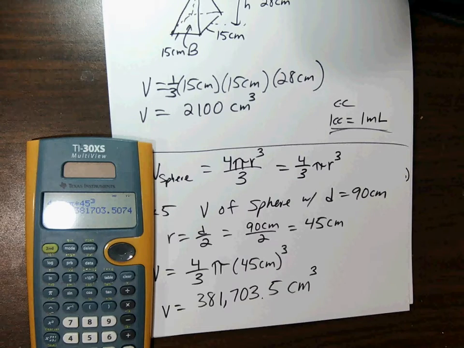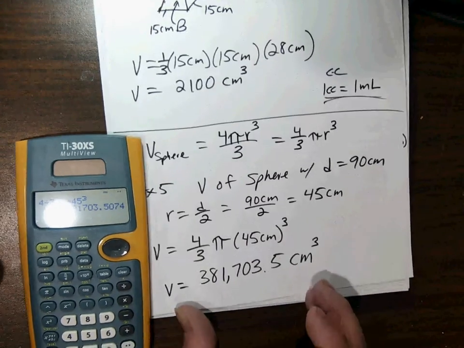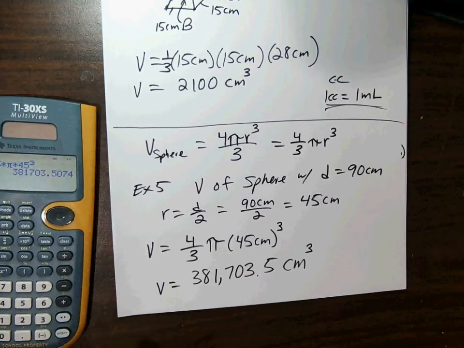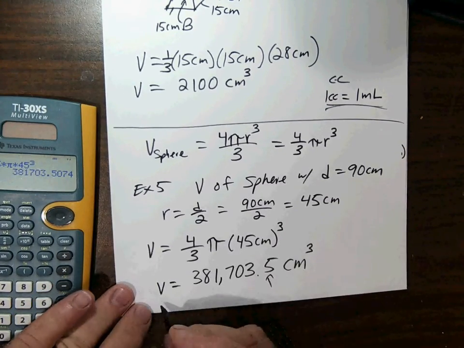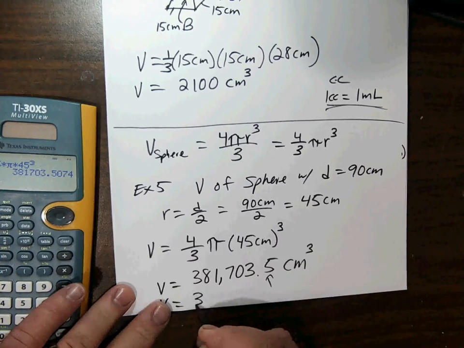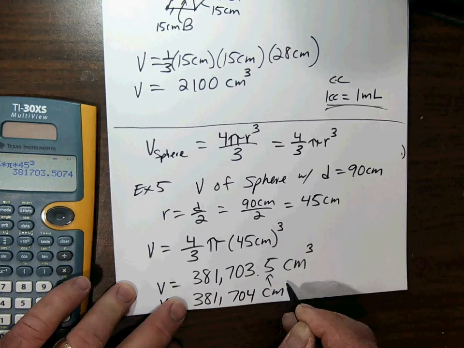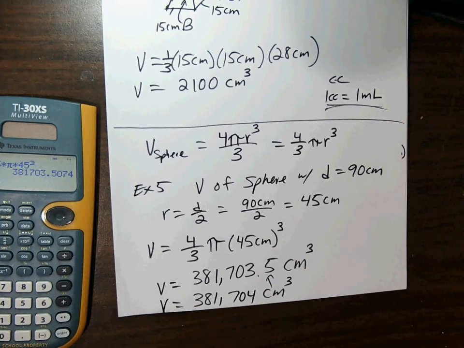On a big old number like this, I would probably round that 0.5 off, or round it to the tenths. That's what the book did. So we'll call it 381,704 cubic centimeters. Okay, sweet. That's volume.